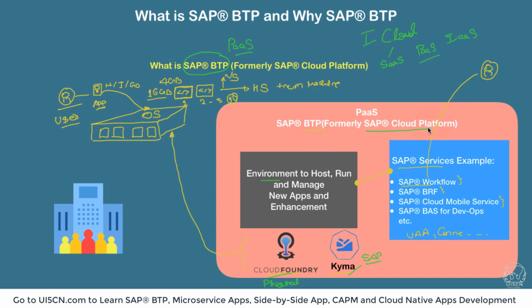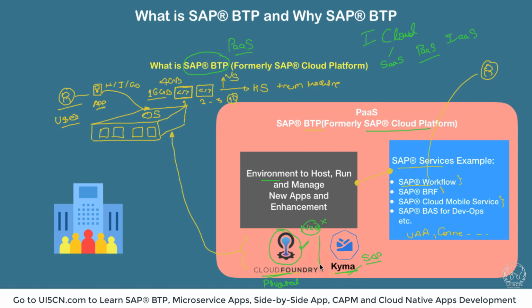In SAP Cloud Platform, we only had Cloud Foundry and we had a Neo environment. The Neo environment was later discontinued and we only had Cloud Foundry. And recently, the Kyma environment was added alongside Cloud Foundry. As a user, you can either create a Cloud Foundry environment or a Kyma environment.